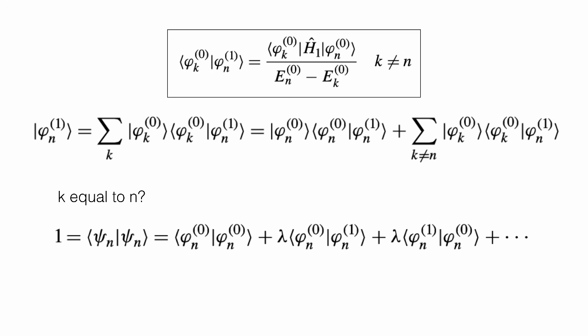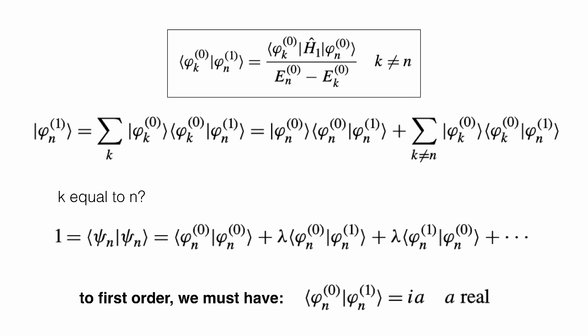And if we use this Taylor expression of the full psi n in terms of phi n0 and phi n1 and so on, we end up with that equation that we have right there. We see the next term will be in lambda square and so on and so forth, and we also know that phi n0 is properly normalized, so the first term is equal to 1. Okay, so that means that all the other terms have to be equal to 0.